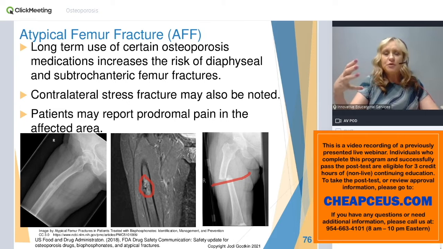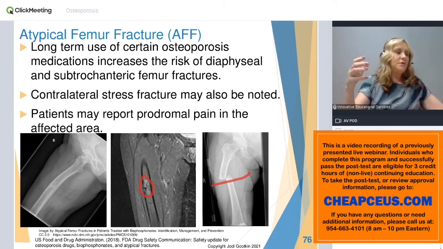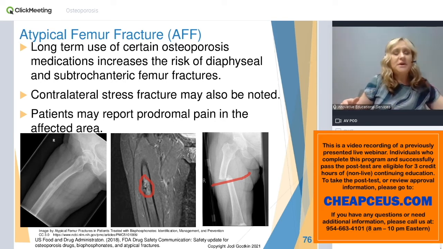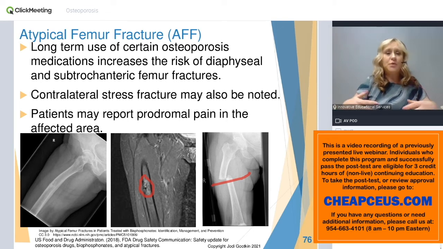Now, our osteoporotic fragility fractures, they're going to be up higher in the femur. So this is along the shaft. They find that the patients tend to have a prodrome leading to this, where in the months leading up to the fracture, they start to have kind of like a dull, aching discomfort. For many of the patients, there's no significant mechanism of injury.